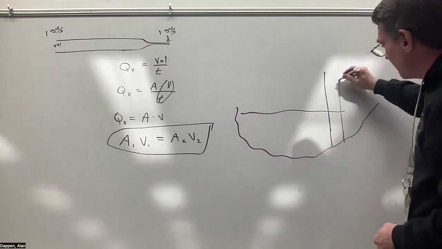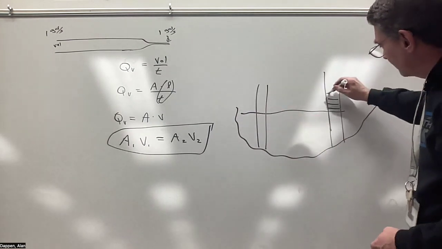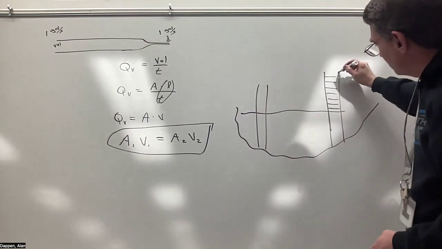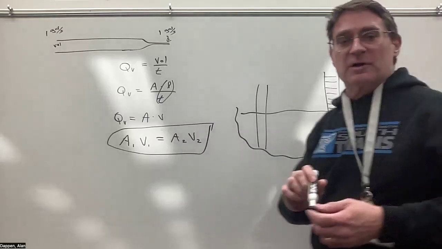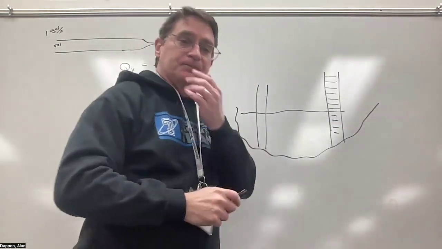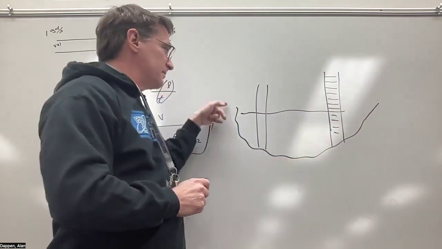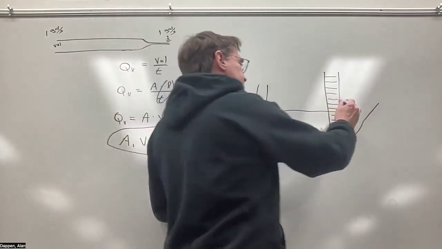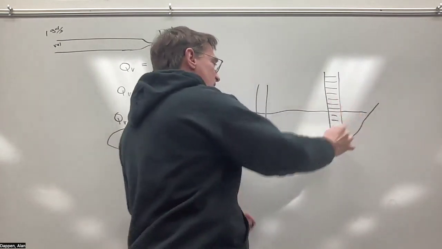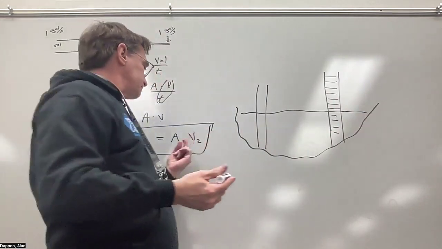There are pillars sticking up out of the water on each side, and there are markings on those posts so that they can tell the depth of the water at that location. So they know how high the water is. Of course, they know the lay of the land down below, and they can calculate the cross-sectional area of that. How do they get the velocity?